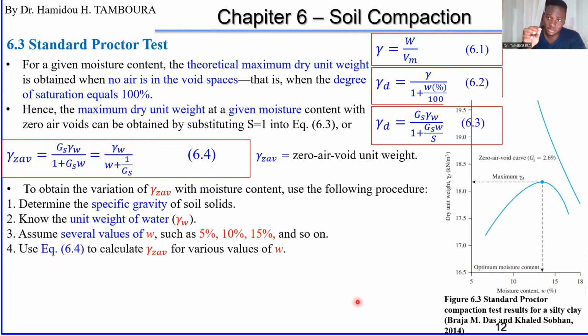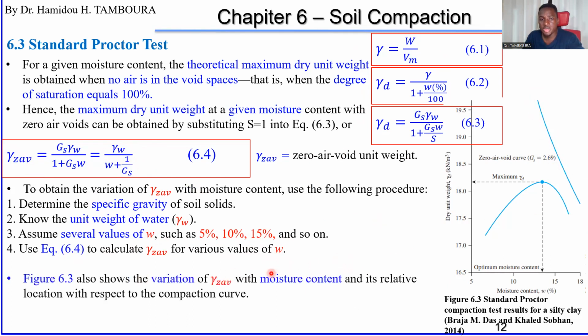It means for each water content, you can calculate this gamma zav. It will give you this curve. And this figure is showing this curve, the variation of this gamma for each water content.